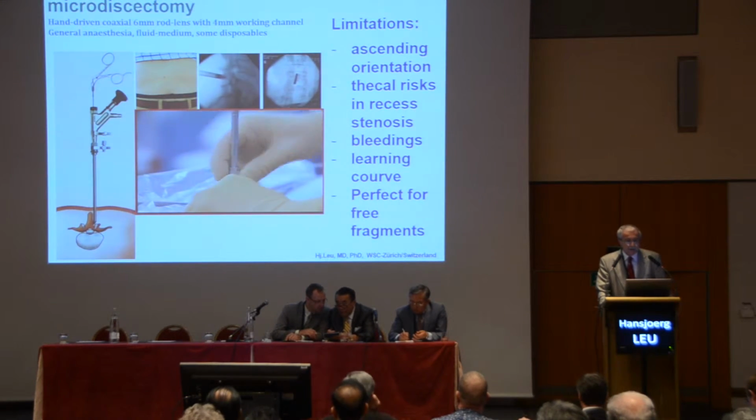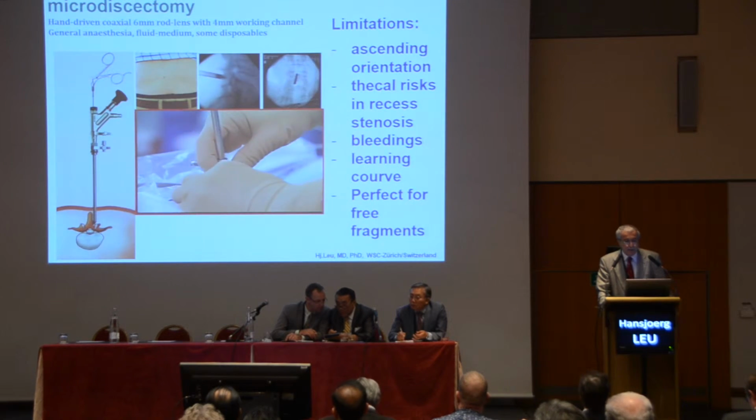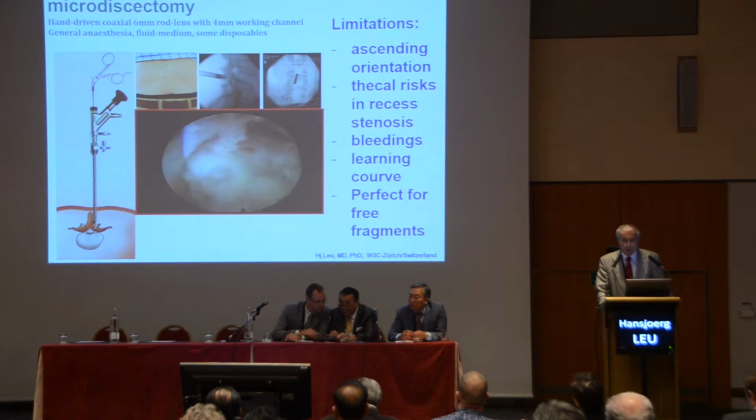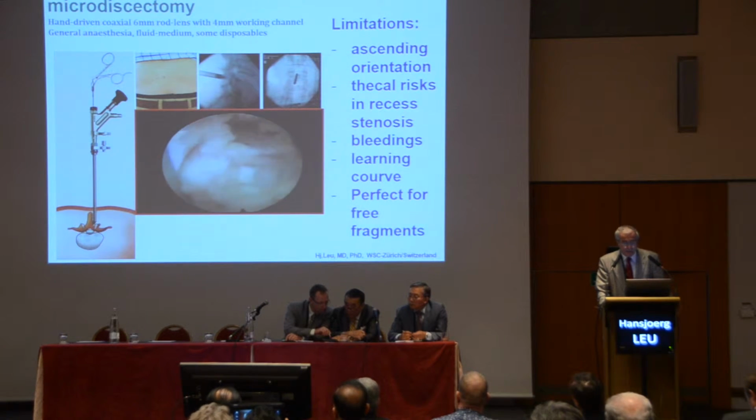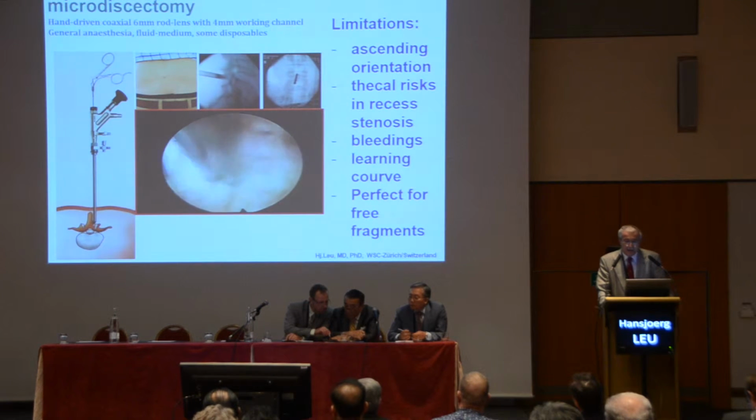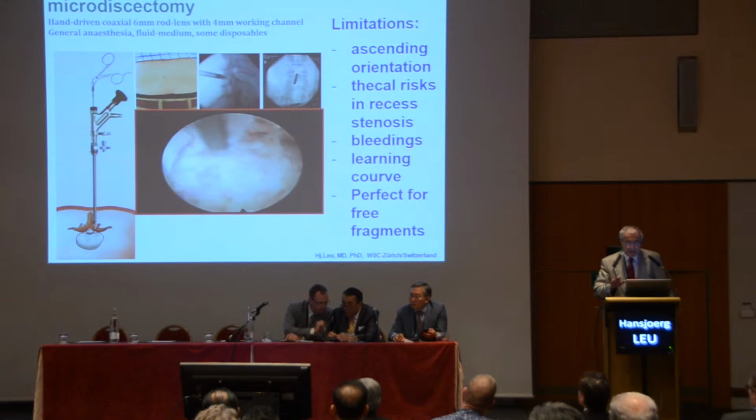Then another technique came up. This was the interlaminar approach as presented by Rutten in the early years of this century. It has turned out to be a little bit special regarding the orientation of the cannulas. Normally it's a little bit ascending, otherwise you have to correct the bone a little for the interlaminar approach.